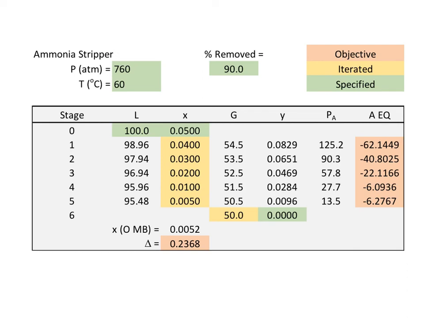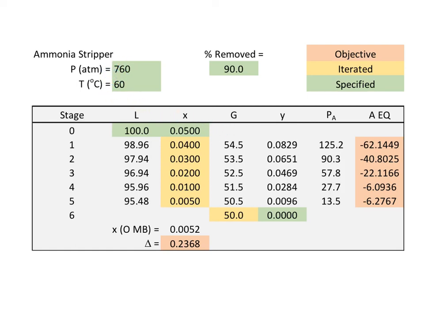So now the iteration occurs where we look at this chosen value for the liquid phase composition and calculate using that the partial pressure of ammonia. Now that should equal the mole fraction of ammonia we get in the gas phase from an ammonia mole balance times the total pressure.